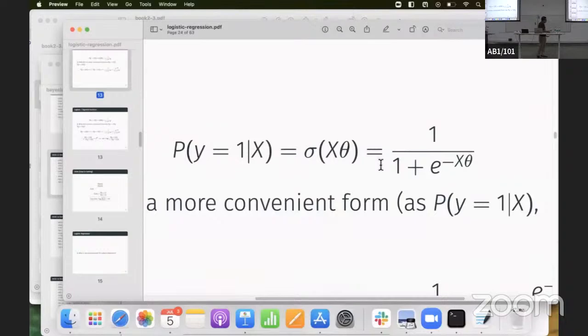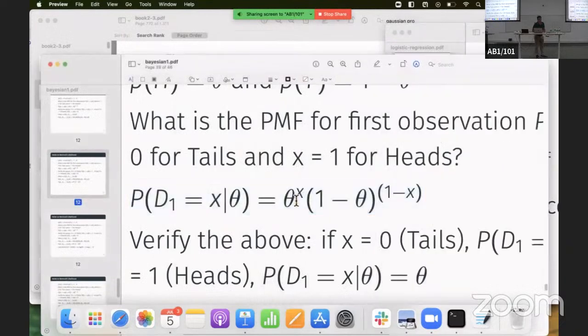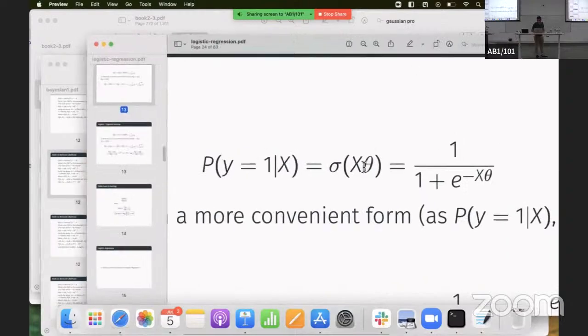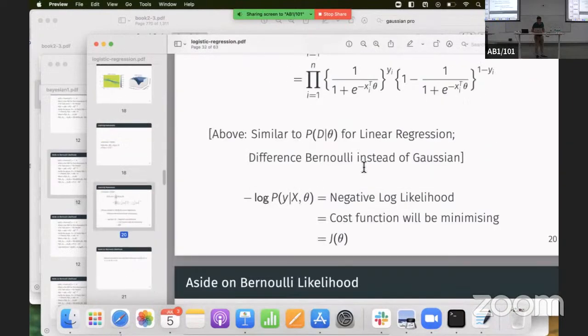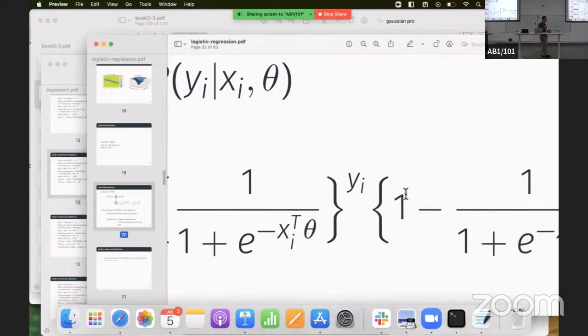So this particular term, we can also just call yi hat, or probability of y equal to 1, and in the coin toss, probability of heads. Are these two terms the same? Yes. Raised to power x, where x is whether it's heads or tails, and raised to power yi, where yi is either 0 or 1. Right? Do you follow now?